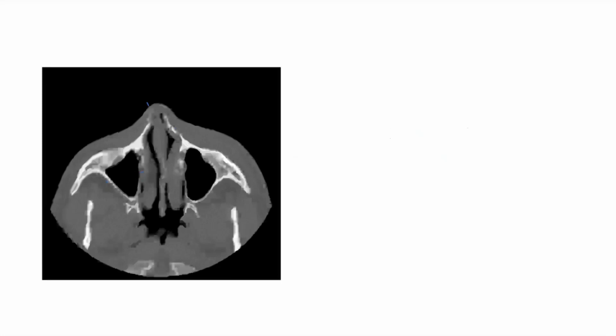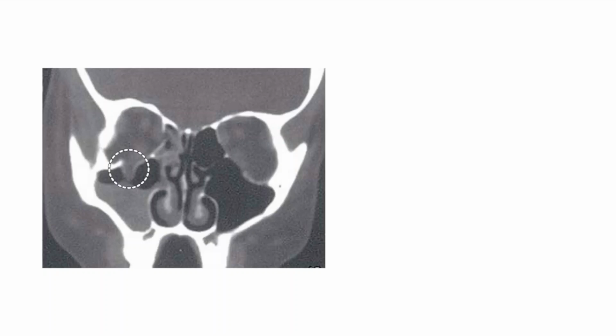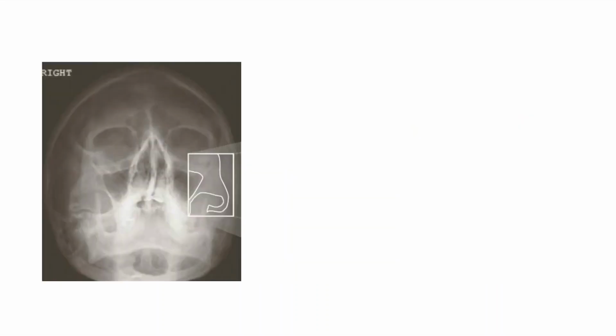Now what does this CT scan show? If you notice, there is nasal bone fracture. This CT we have discussed earlier. This is orbital blowout fracture. This is a normal malar bone.